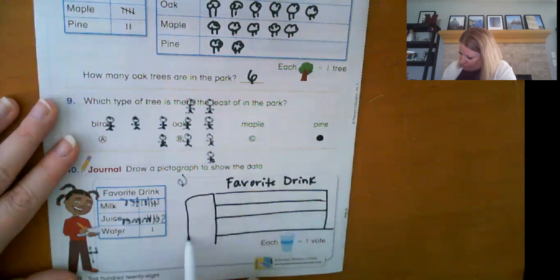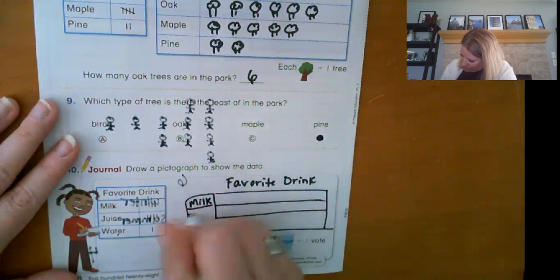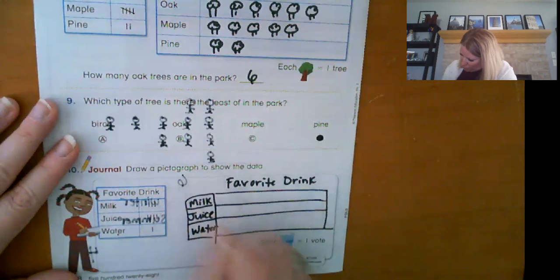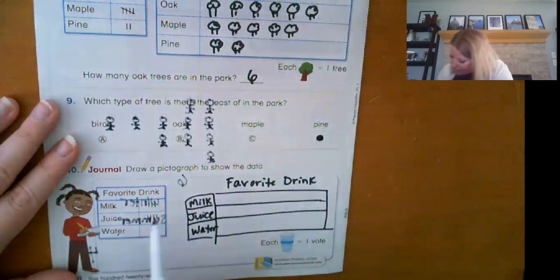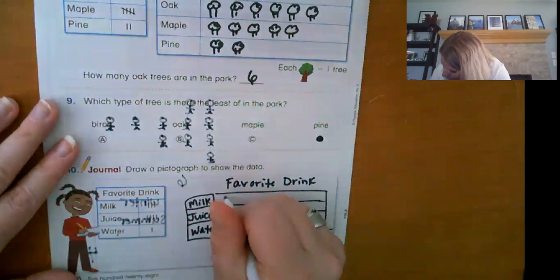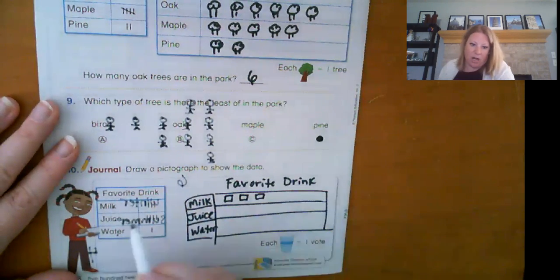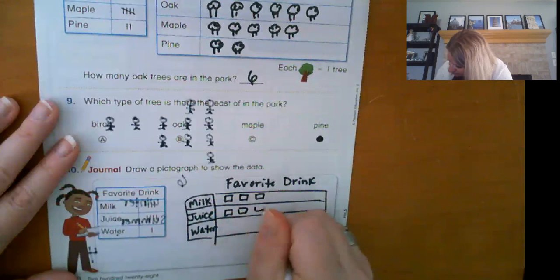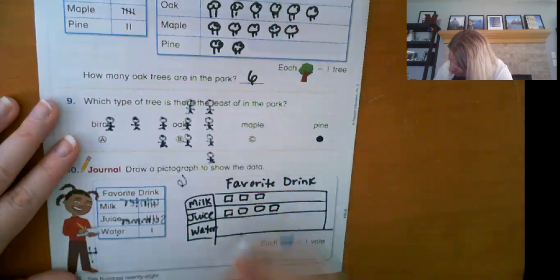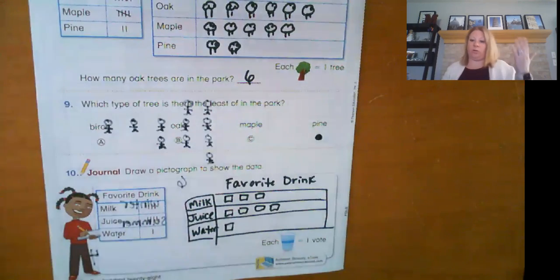And then I'm going to put my categories here: milk, juice, water, and I know that each cup equals 1 vote. So milk had 3, so I'm going to draw 3 cups. Mine just look like squares. Juice, 1, 2, 3, 4. And water, 1.